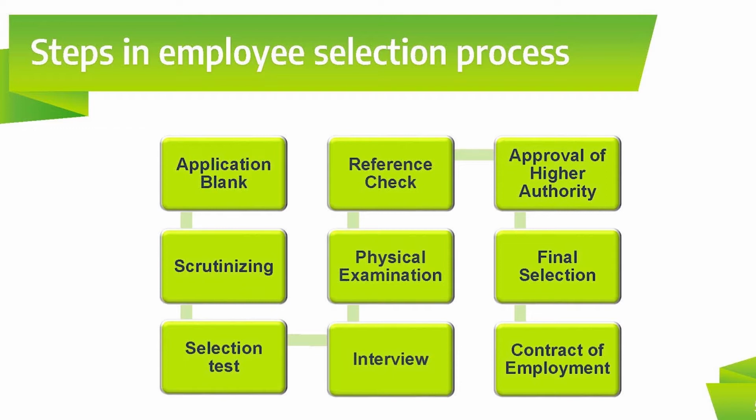Here the candidates are briefed about the organization's cultural values and about the rules and policies. The candidate is also given the freedom to seek clarification. After the final selection is made, the process is completed, certain documents are signed by the organization, and the contract is made.